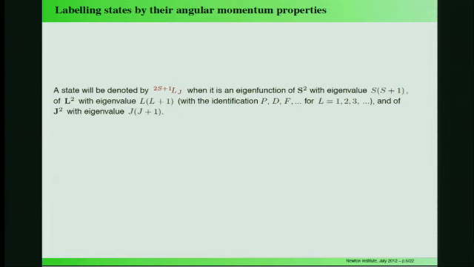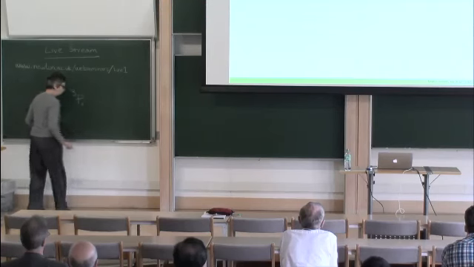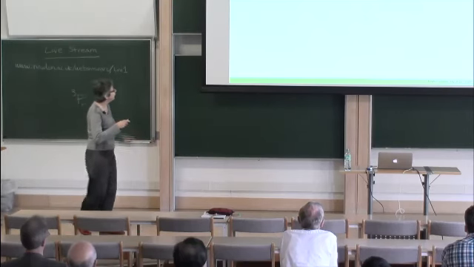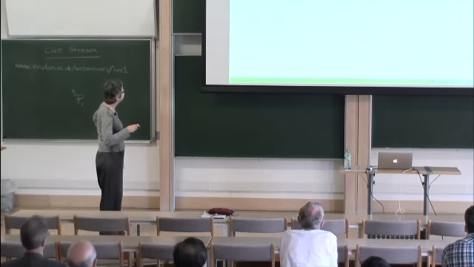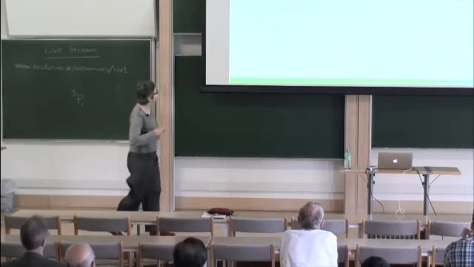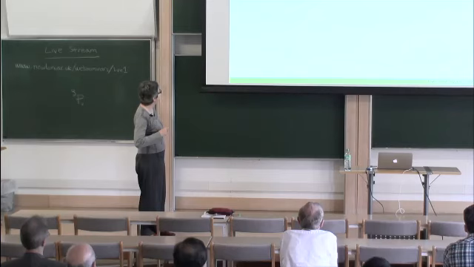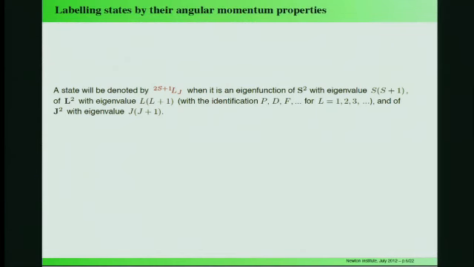For example, if I write 3p1, this is a state which is an eigenfunction of S squared, the spin operator, with eigenvalue S(S+1), of L squared with eigenvalue L(L+1), and of J squared, the total angular momentum, with eigenvalue J(J+1).